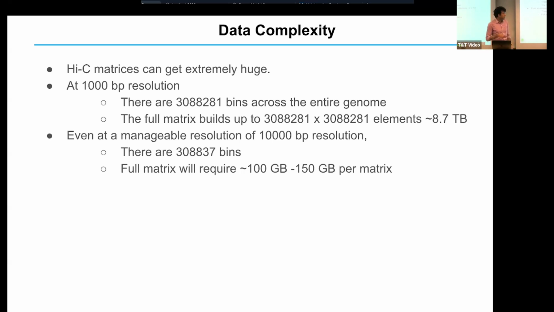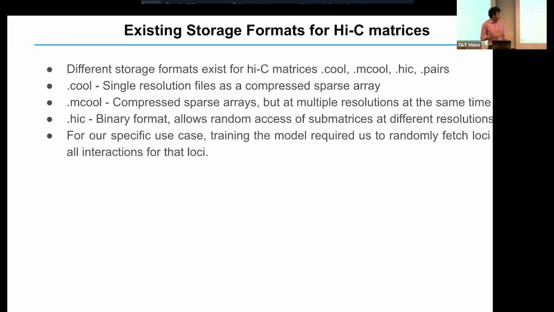Even at 10,000 base pair resolution, you get around 300,000 bins, and loading a 300,000 by 300,000 matrix will take around 100 to 200 gigabytes of memory.